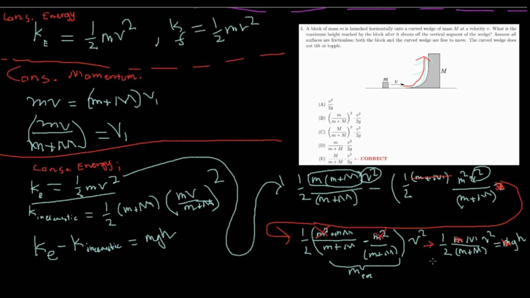So now we have V squared over 2, and since we divided by g, because we want h, we have g that comes down here, times big M over m plus M. And this is our final answer, which is E. And as you can see, it's correct.